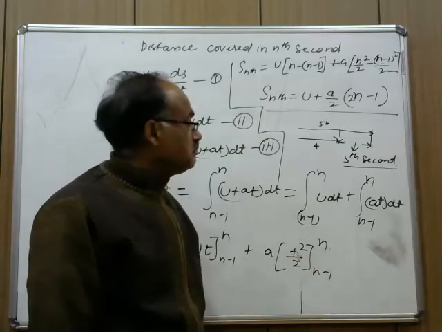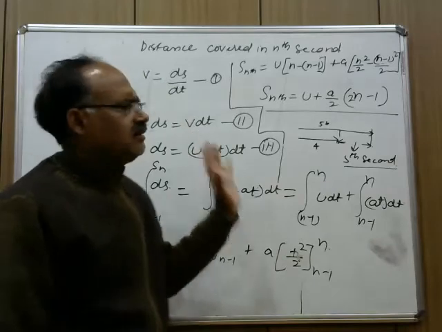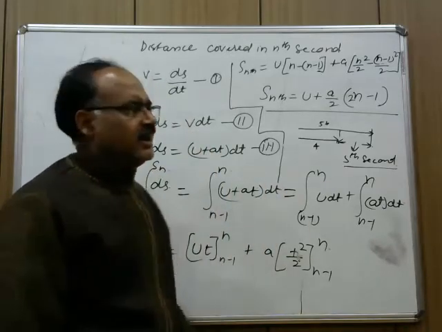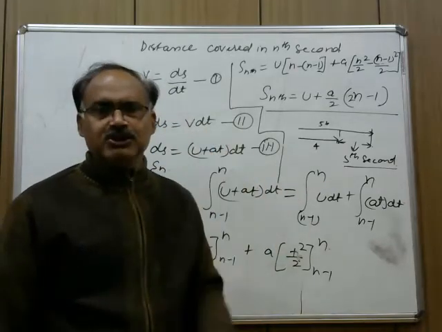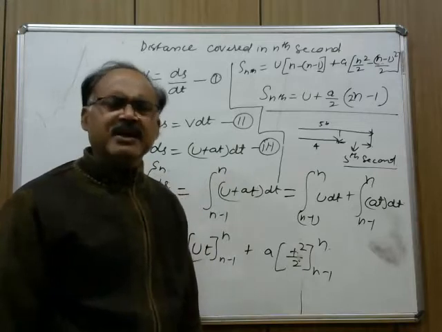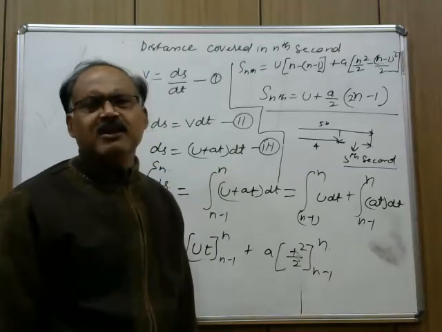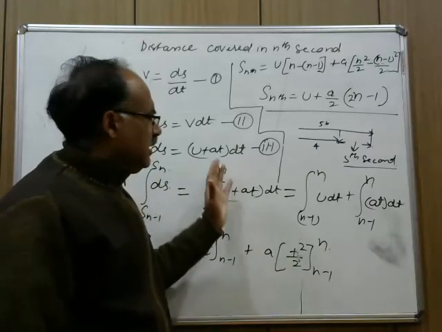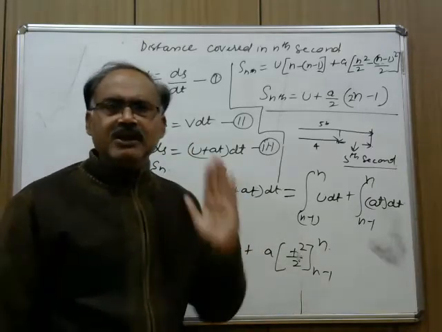Clear? In some books it is written that this is the 4th equation of motion. You can write it, because books are writing it. But in general, we know the 3 equations of motion.